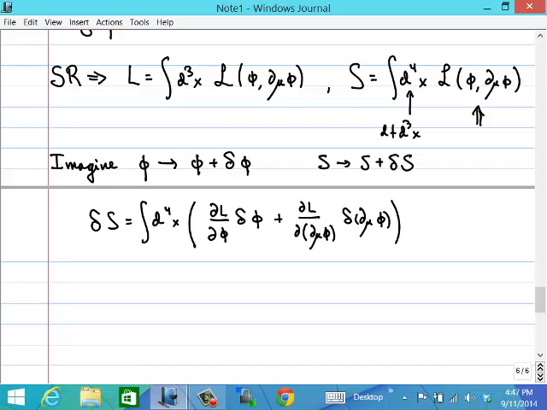So what is the variation of the first derivative of phi? Well, phi is going to phi plus delta phi, so that means that d mu phi is going to d mu phi plus d mu of delta phi. So delta of d mu phi is d mu of delta phi.